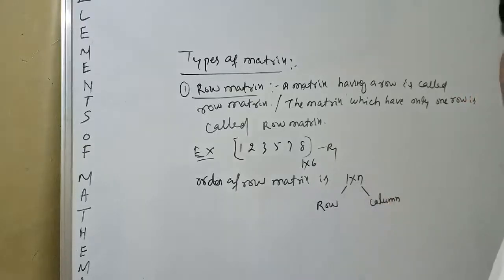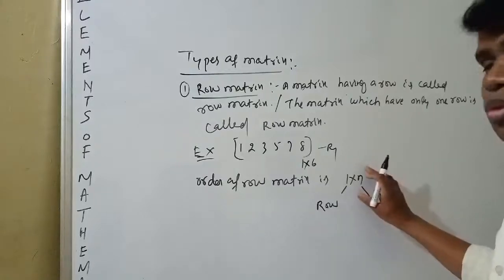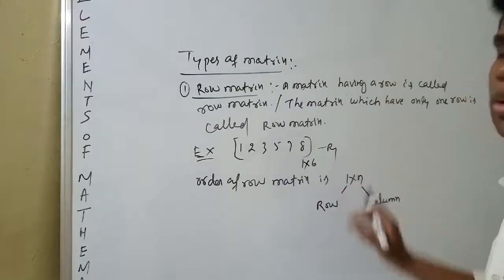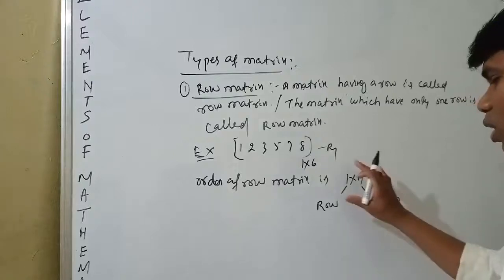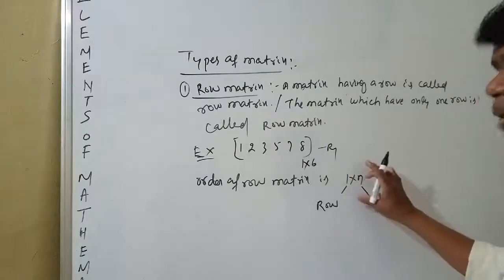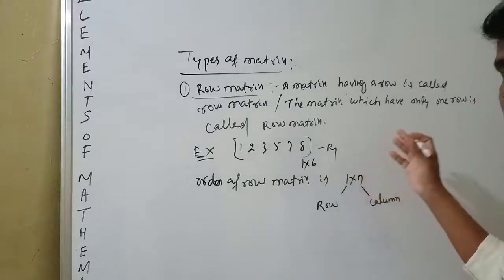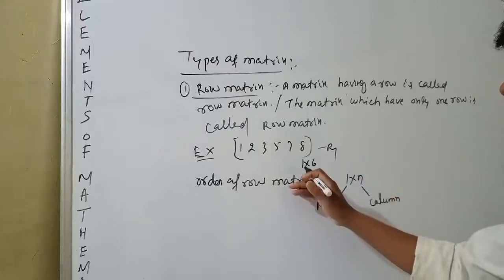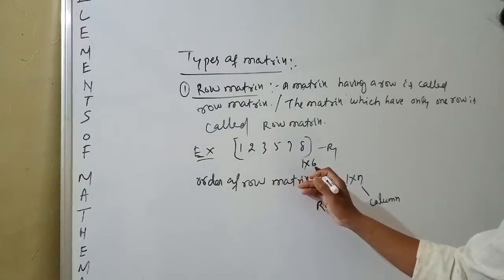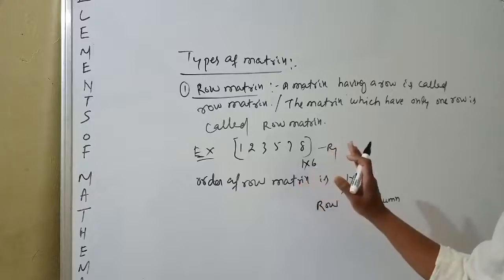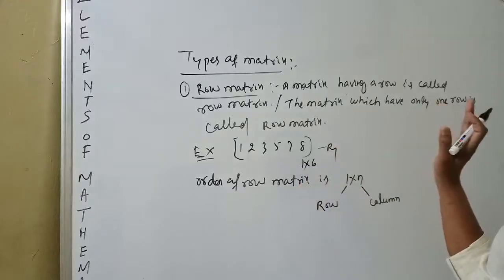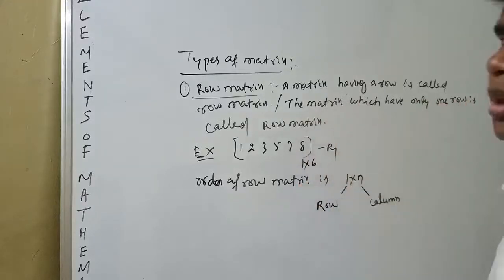Whatever the column may be, the row should be 1. The column can be anything, but the row should be only one. Here the row is 1 and the column is 6. If the row is 1, whatever the column, the matrix is called a row matrix.